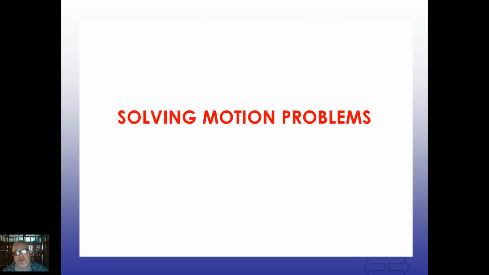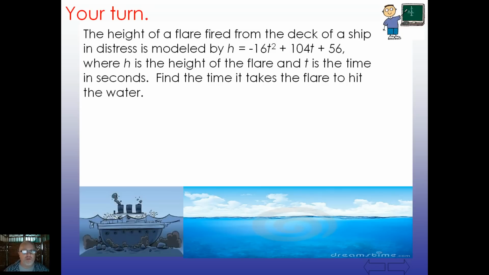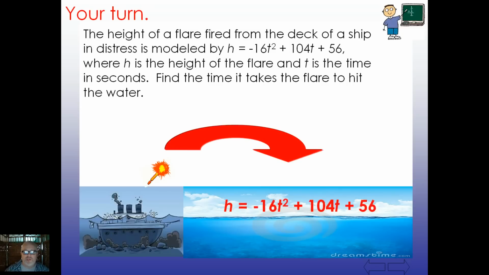All right, now how about we try to solve some motion problems. Motion problems have to do with something moving, either falling out of the sky or being tossed or thrown or whatever. In this case, let's look at a flare shot from the deck of a ship. Now, the function given to us at the bottom shows us the flare's equation modeled by h equals negative 16t squared plus 104t plus 56.